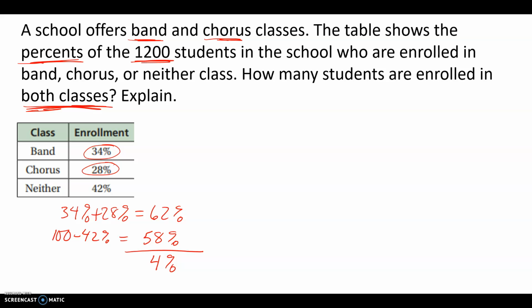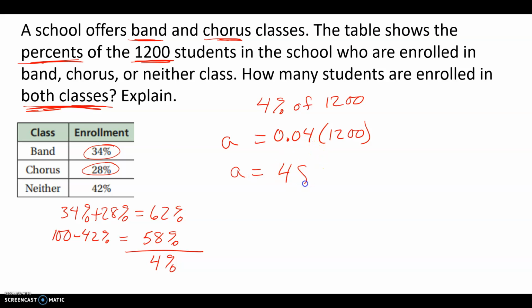So we have to figure out what is 4% of 1,200. 4% would be 0.04 times 1,200, and 0.04 times 1,200 is 48 students. So there are 48 students in band and choir.